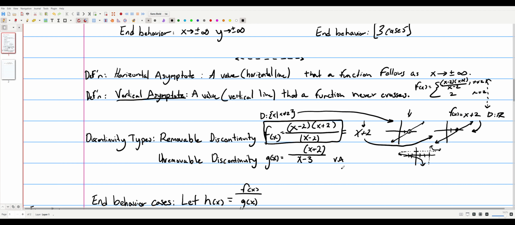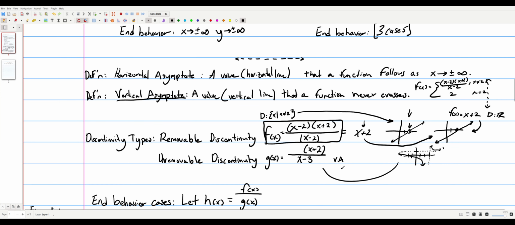In the first case with the removable discontinuity, you just end up with a hole in the graph. But for an unremovable discontinuity, you end up with these vertical dotted lines that the picture will never cross. And so this is just a quick sketch of what this function actually looks like in case you were curious.